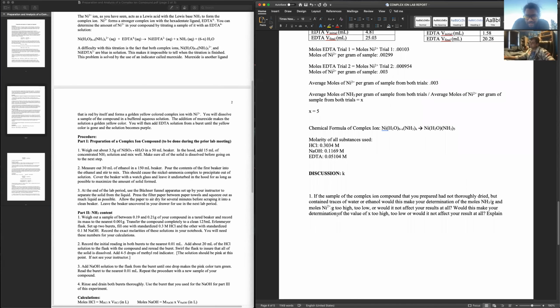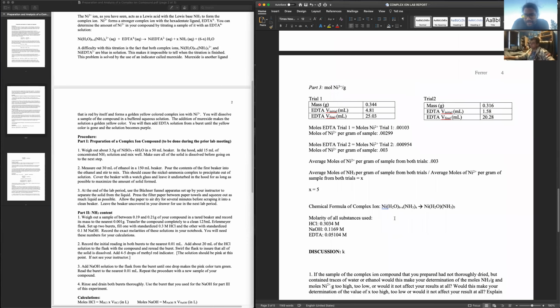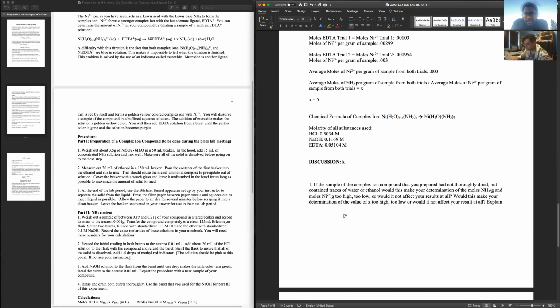So yeah, they're saying that if it's not thoroughly dried, and since we have to explain, let's see. Say that it would make our determination of the moles of ammonia per gram smaller. Okay. Wait. Say it again. Yeah.